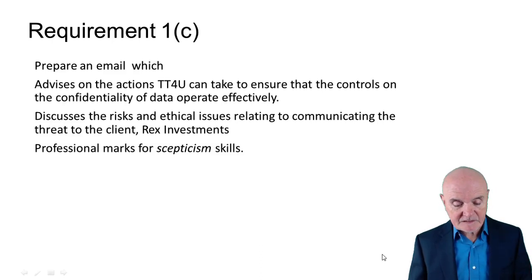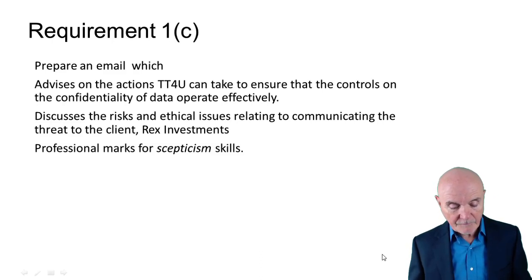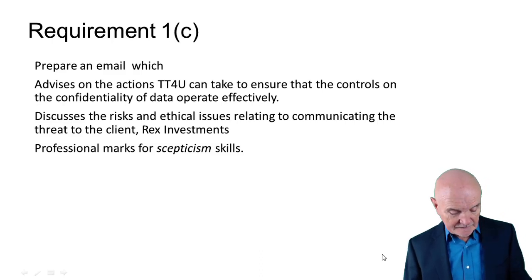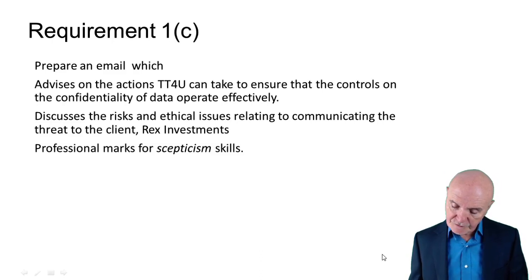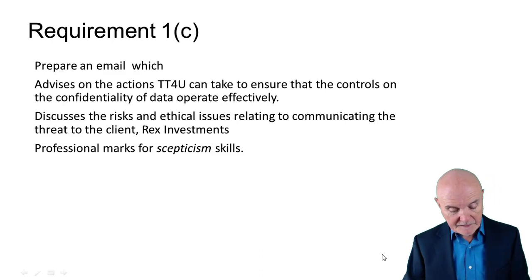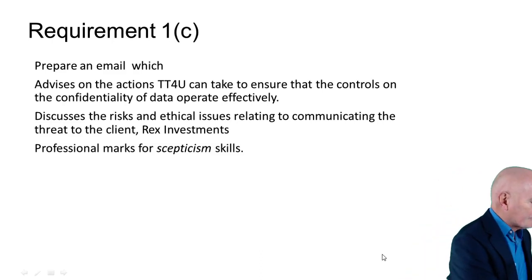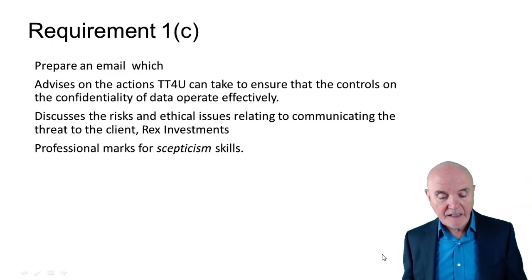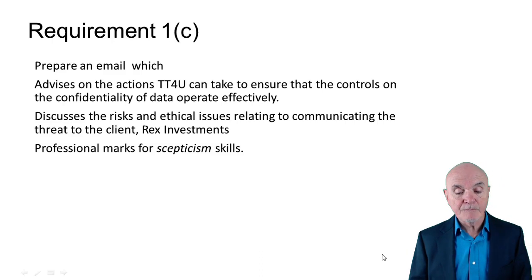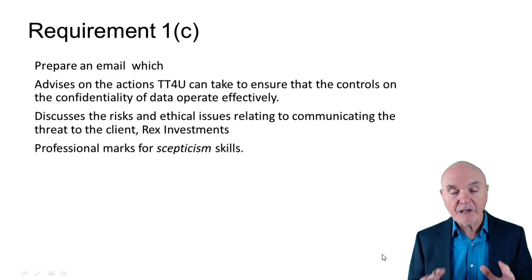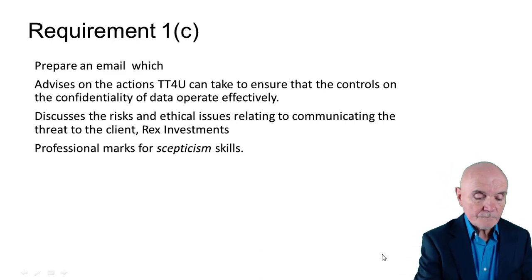And the skepticism skills that we're supposed to be looking at here, the full requirement says, are skepticism skills in relation to the views of the marketing director. And in Exhibit 5, the marketing director is saying we don't need to pursue this threat anymore. We don't need to tell Rex Investments about it. Because they're a prickly client, we may lose them.